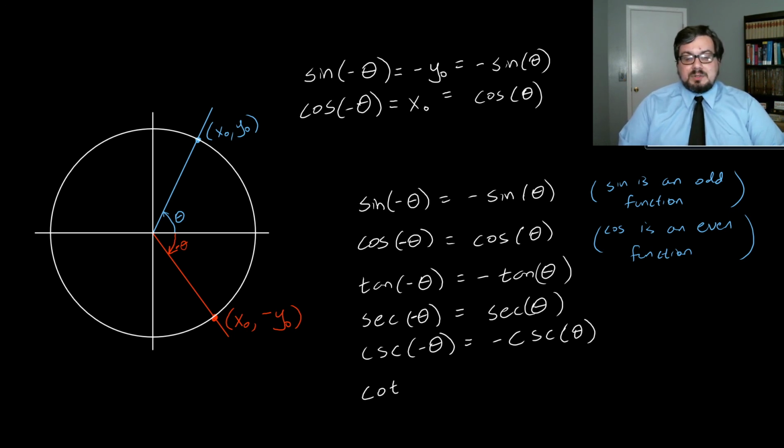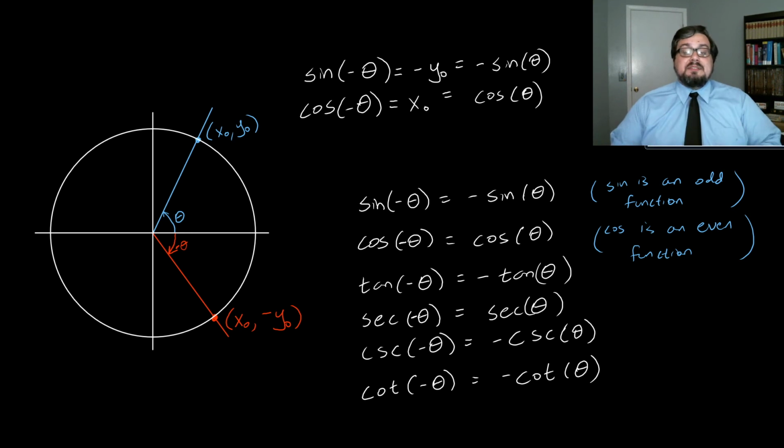And then cotangent of negative theta is negative cotangent of theta, because cotangent is the reciprocal of tangent. So these facts are very helpful when we go to computing the sine and cosine and tangent of various complicated functions and try to prove various identities involving taking negatives of the inputs to these functions.